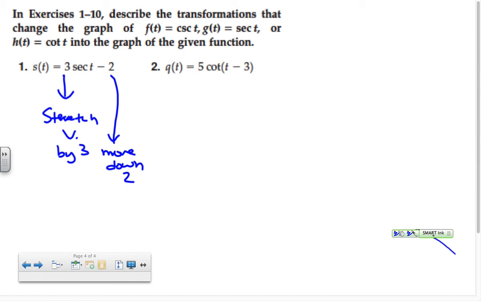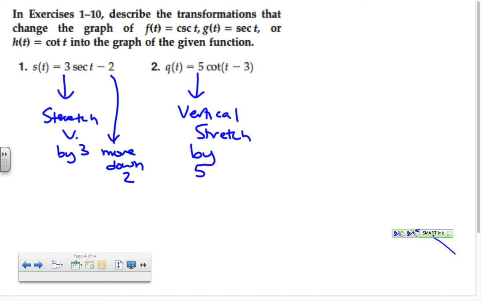And that's all you have to do for these types of problems. You're just going to identify what the transformations are. That's it. So this one right here, 5 cotangent of t minus 3. Again, the 5 on the outside says that we're going to stretch vertically. So we're going to do a vertical stretch by 5.